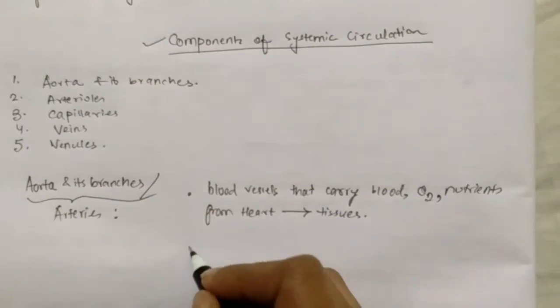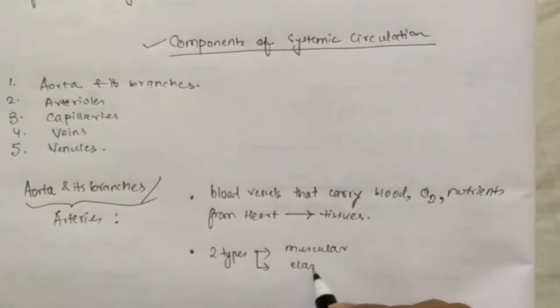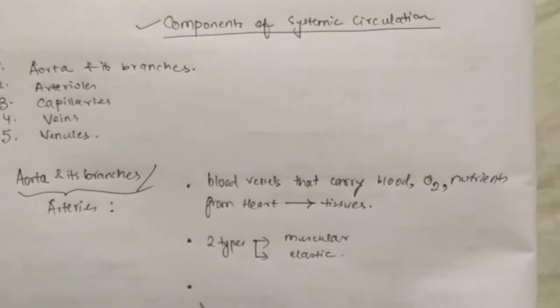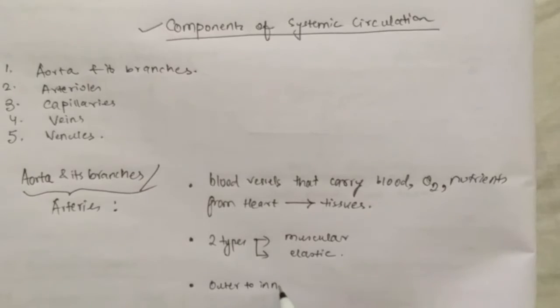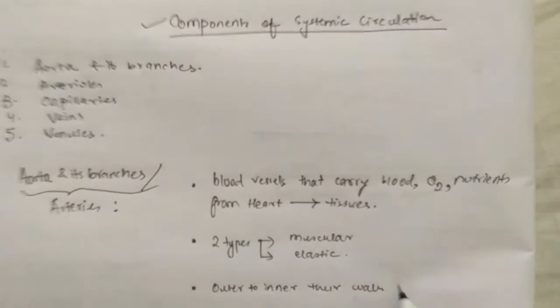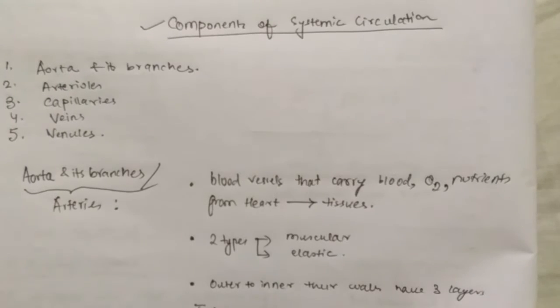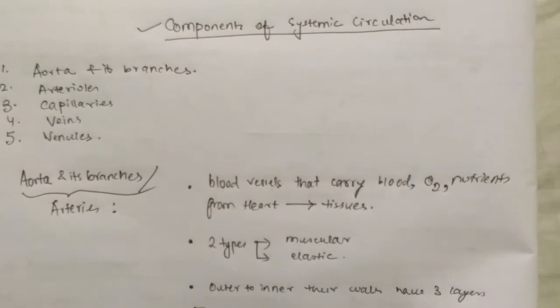There are two kinds of arteries, two types: muscular and elastic. Now we know that arteries, arterioles, veins and venules consist of 3 layers. So from outer to inner, their walls have 3 layers: tunica externa, tunica media and tunica intima.